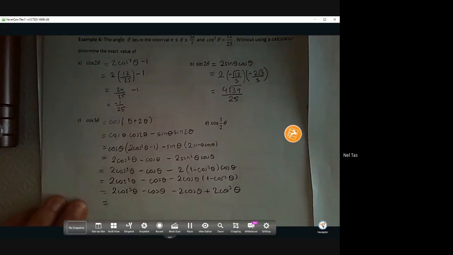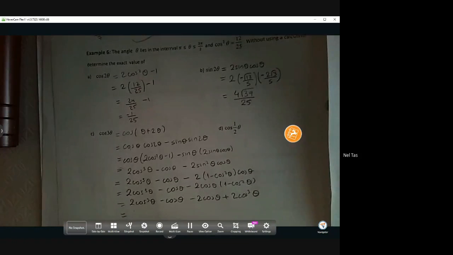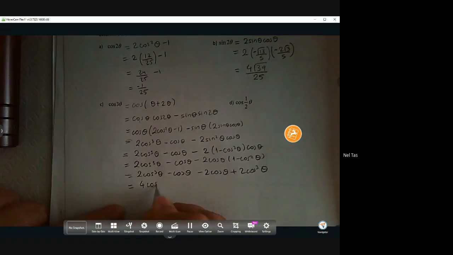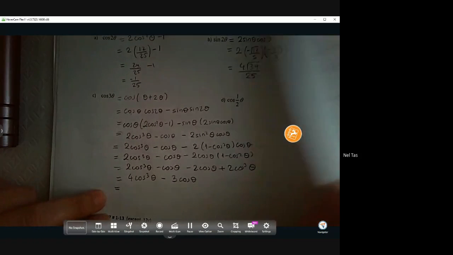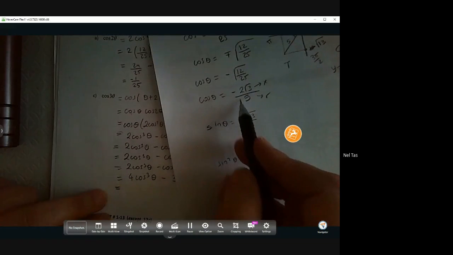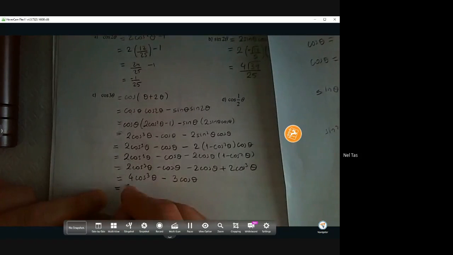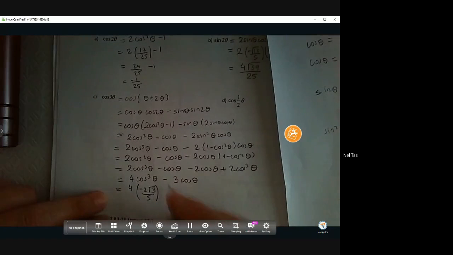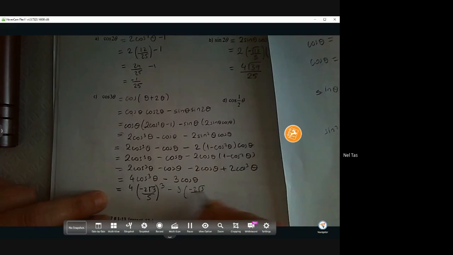Actually, when you do this, you get a more simplified formula for cos 3 theta. So you end up with 4 cos cubed theta minus 3 cos theta. So you already know what cos theta is, negative 2 root 3 over 5. Now we can sub it in here. Okay, so 4 times (negative 2 root 3 over 5) cubed minus 3 times negative 2 root 3 over 5.